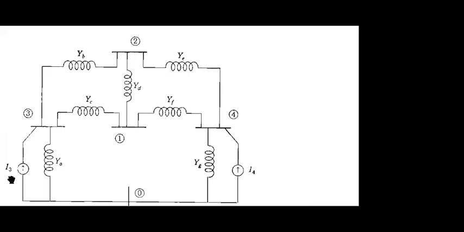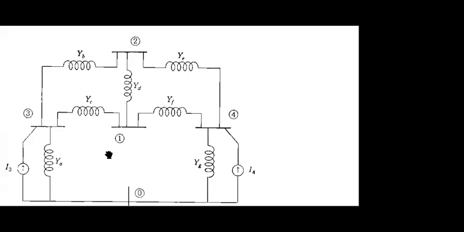But here you can see the current source, which is the equivalent of that voltage source, with the internal impedance converted to its equivalent admittance.